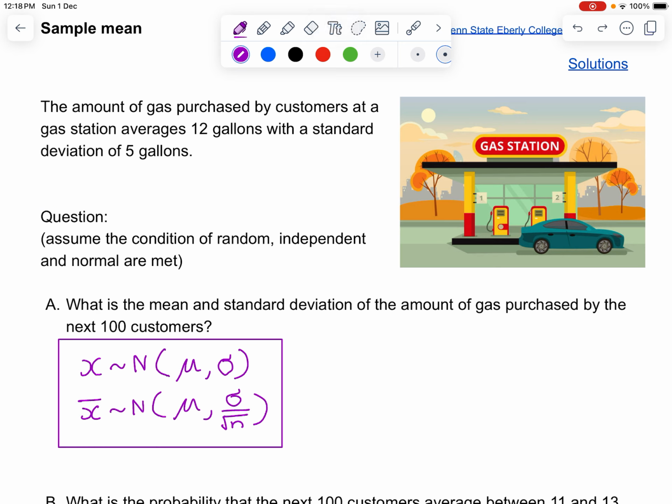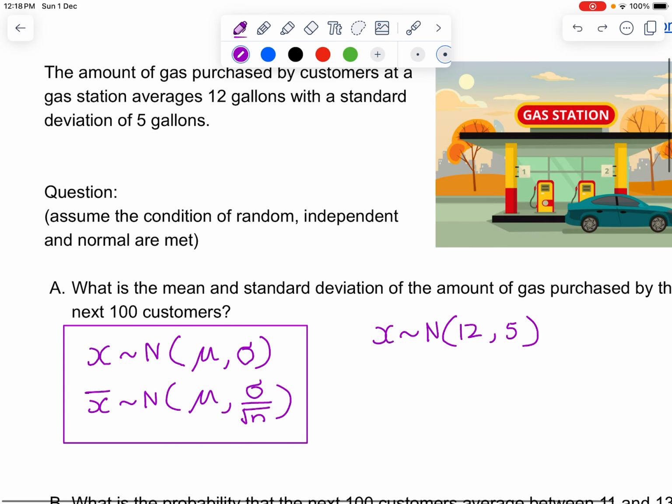Okay, so here we have average 12 gallons and standard deviation 5. So let's put that in notation: 12 gallons and standard deviation of 5. Now it says what is the mean and standard deviation of the amount of gas purchased by the next 100 customers. By saying 100 customers, it's basically saying a sample. So now we want to look at the sample.